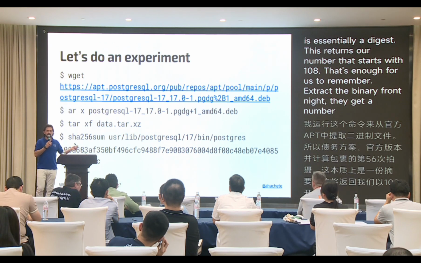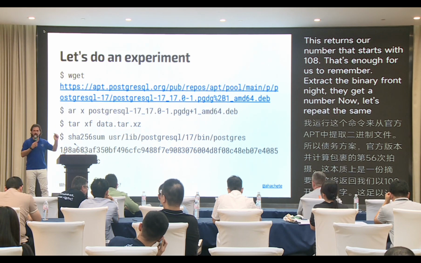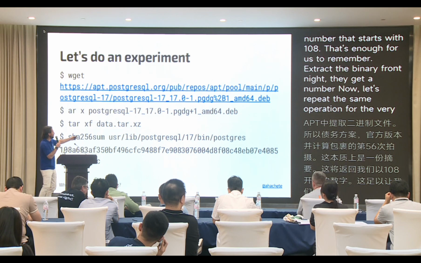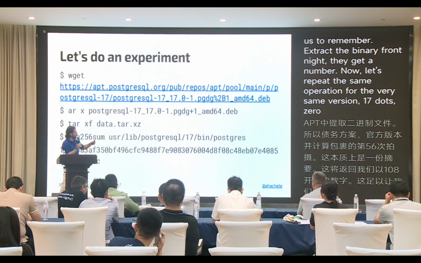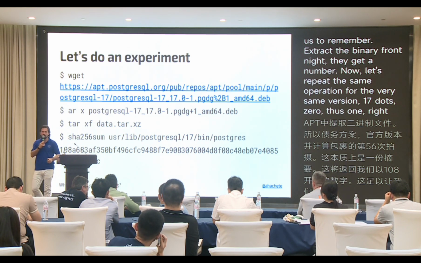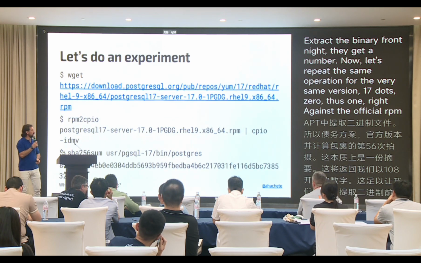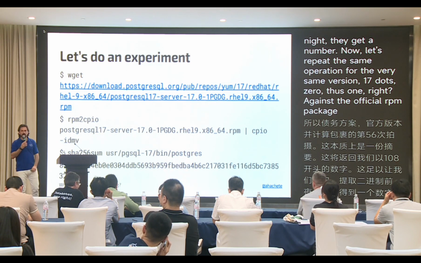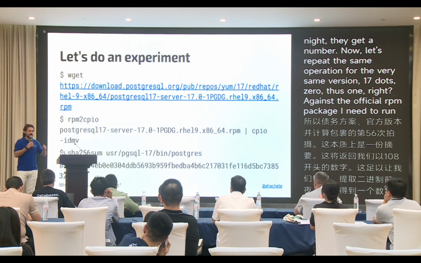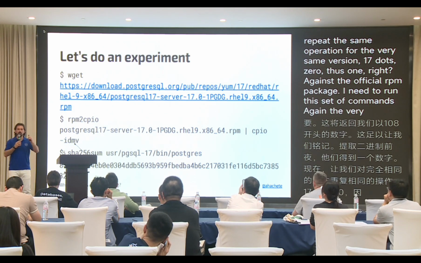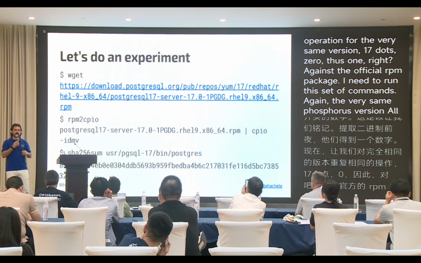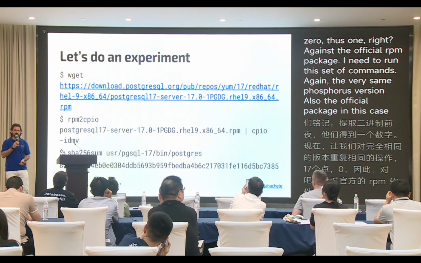Now let's repeat the same operation for the very same version, 17.0-1, against the official RPM package. I need to run this set of commands. Again, the very same Postgres version, also the official package, in this case from the RPM or YUM repository.